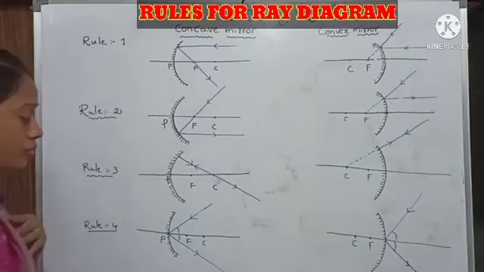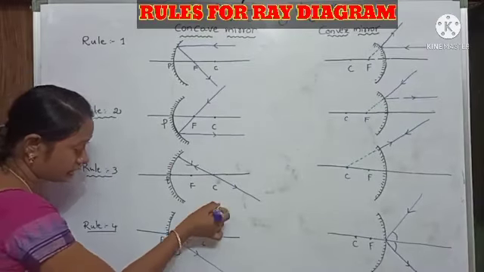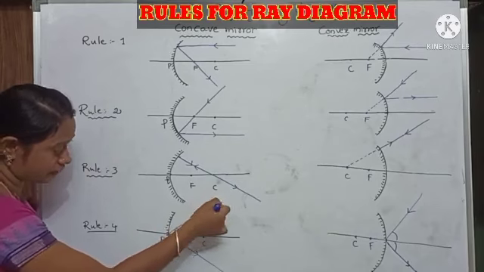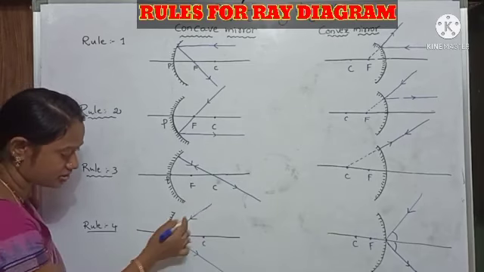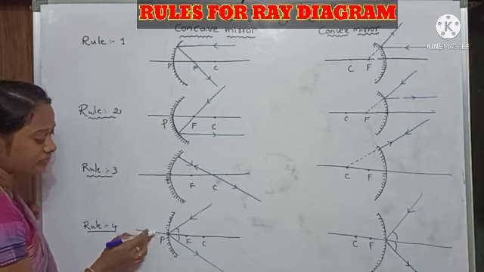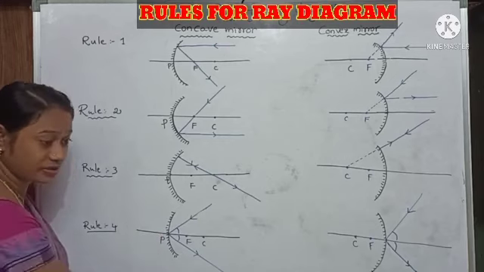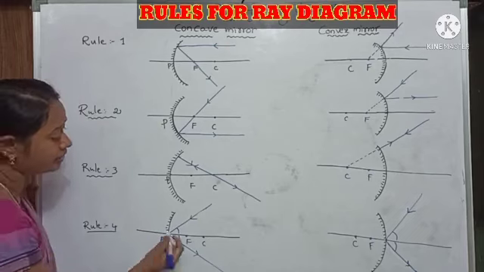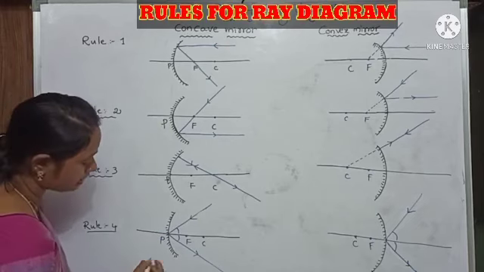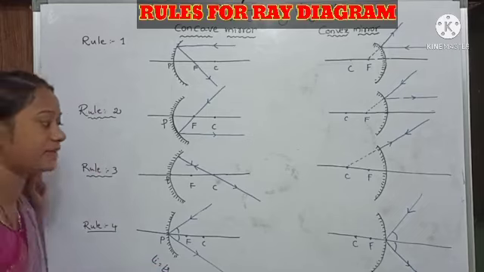Next, rule 4. Here the incident ray touches the reflecting surface obliquely and it reflects obliquely. Here the angle of incidence is equal to the angle of reflection.